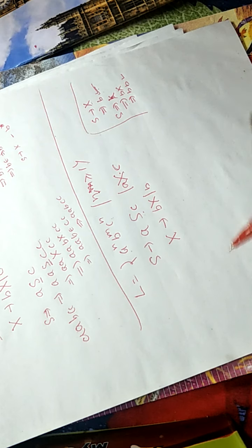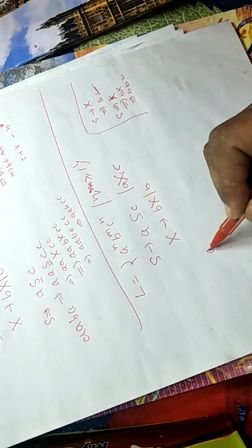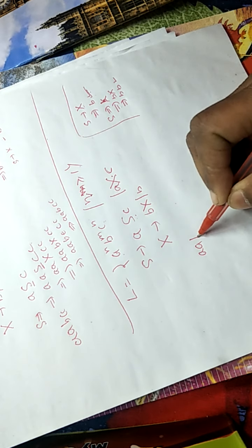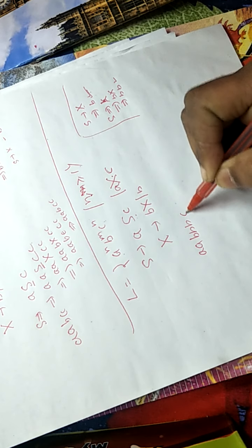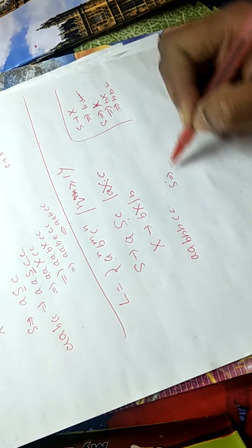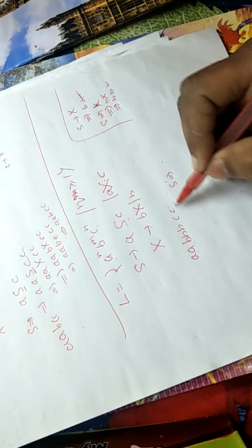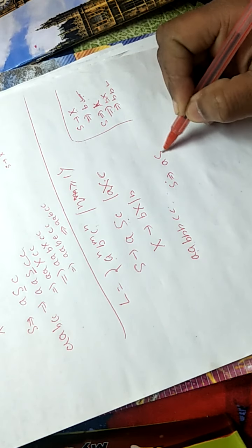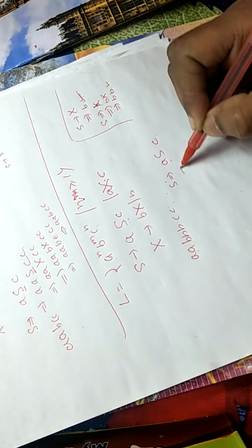Suppose we have to derive the string abbbcc. First we have to match a with c, so first we use the production S → aSc.